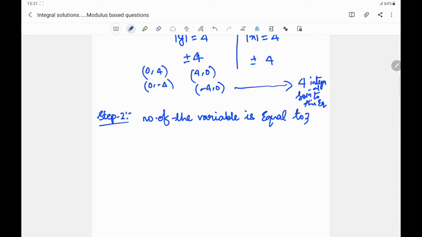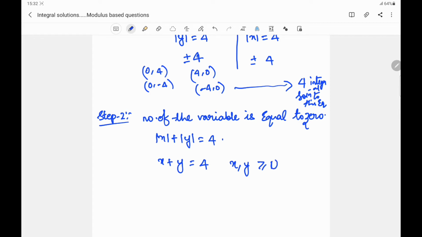So the equation modulus of x plus modulus of y is equal to 4. This will become x plus y is equal to 4, and x, y are greater than or equal to 1.